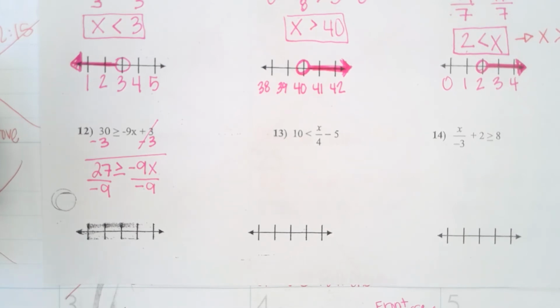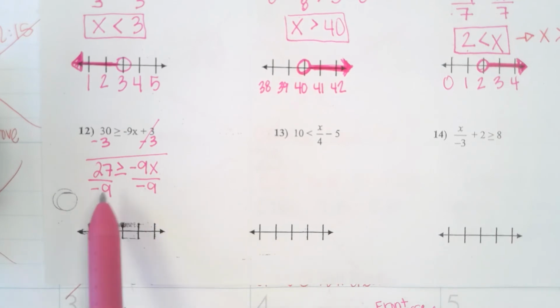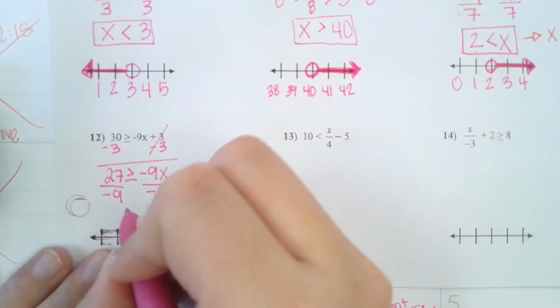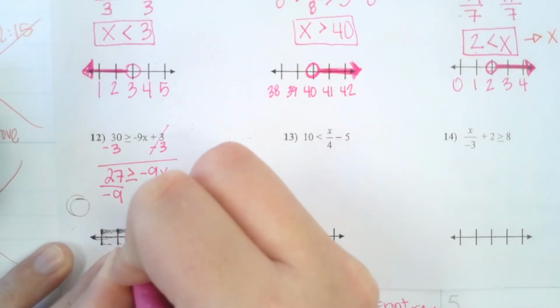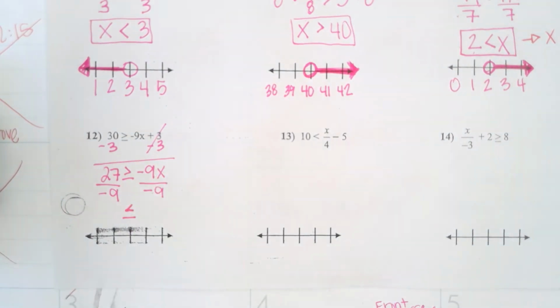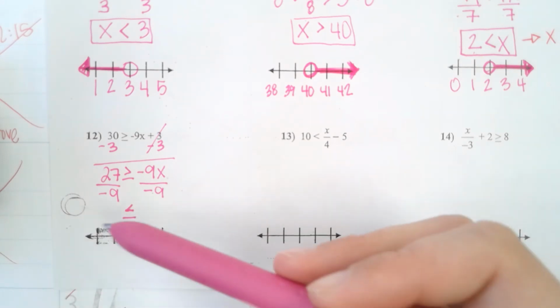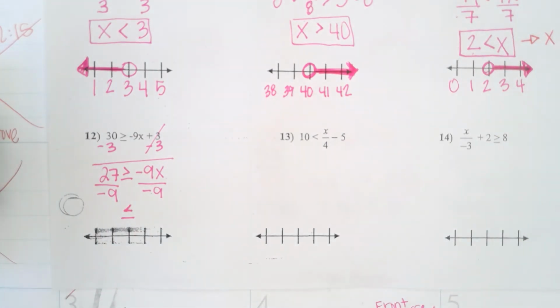You should know that you need to flip your inequality sign, okay? So we just divided by a negative 9, so before I even start solving everything else, I go ahead and flip it so that I don't forget, because as soon as I see that I divide, I'm going to flip it right away, okay? And then I can go back to solving it.